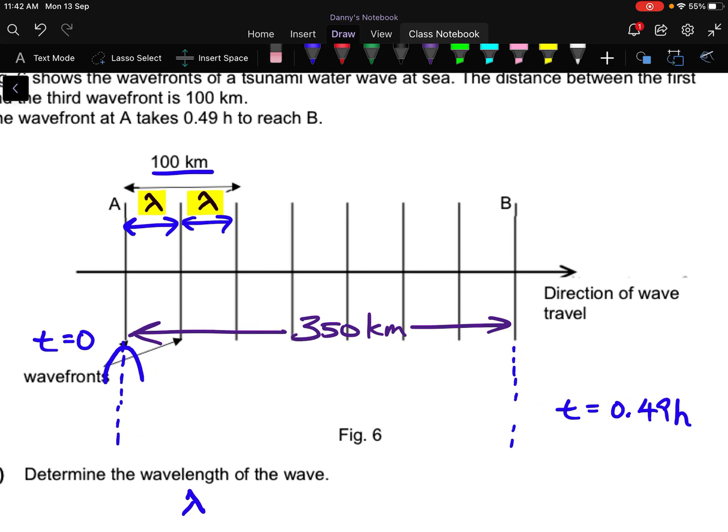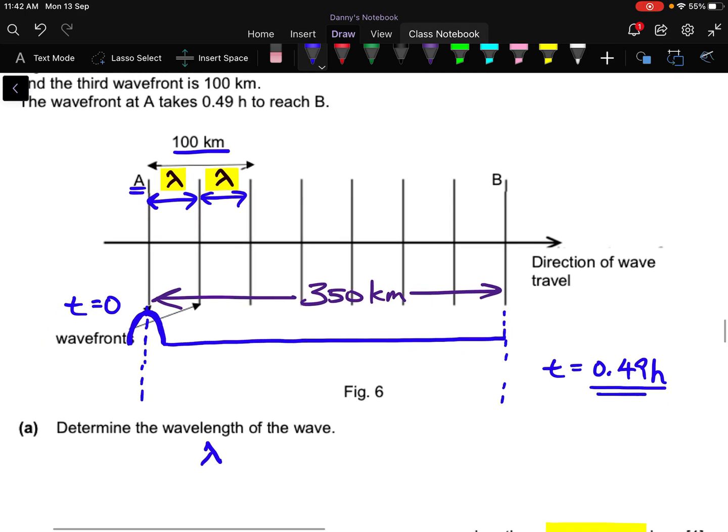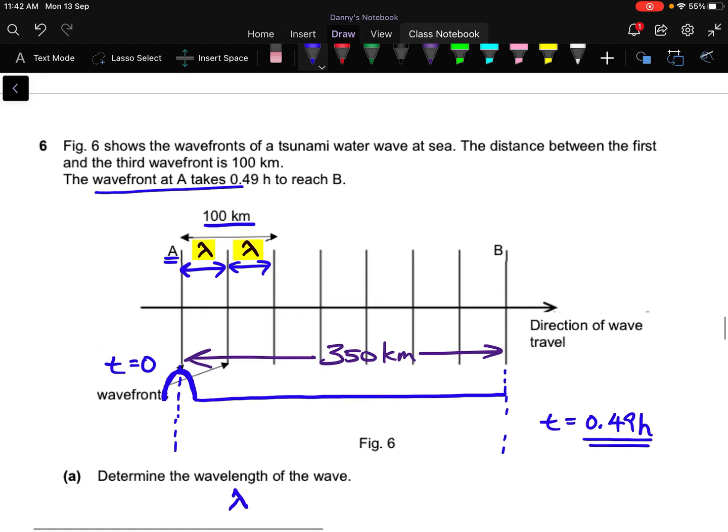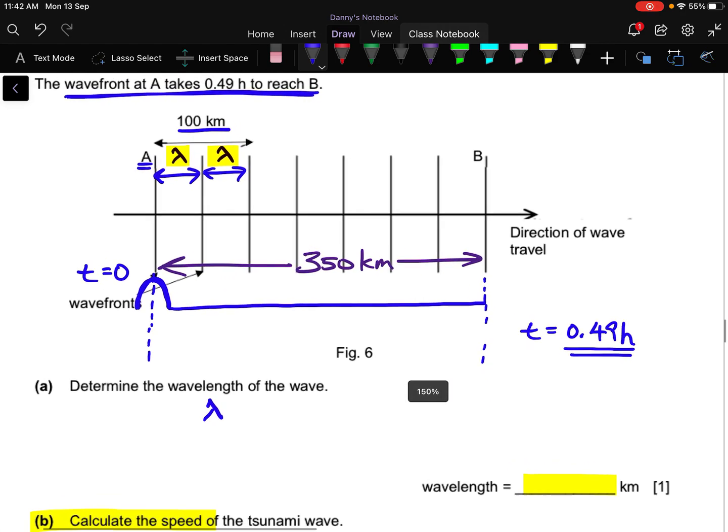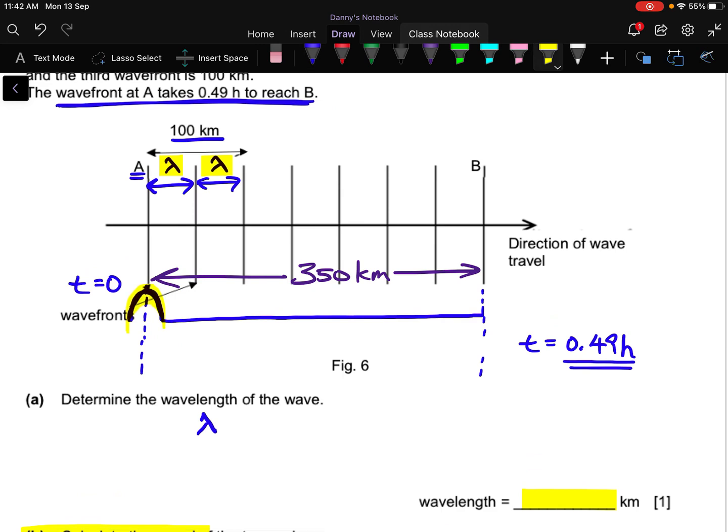What this diagram is trying to tell you is that a wave is first formed at A, and the rest of the water surface is flat. After 0.49 hour, which is given here, this crest, the yellow crest, has actually traveled to B. Since you want to know the speed of the wave, basically it is the speed of the crest as well.